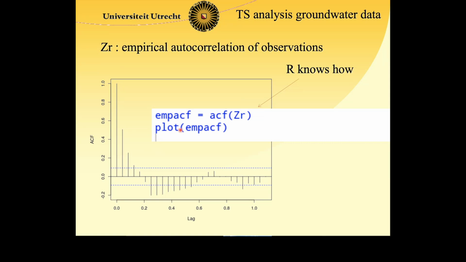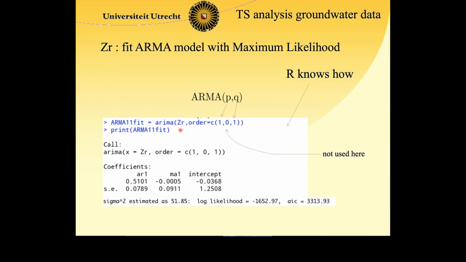So the next step is to fit an ARMA model to the residuals. So this is the command to do that. We say ARMA11 fit. This is how we call the new object that we make. In this fit are the time series and the estimated parameters, which is equal to ARIMA.